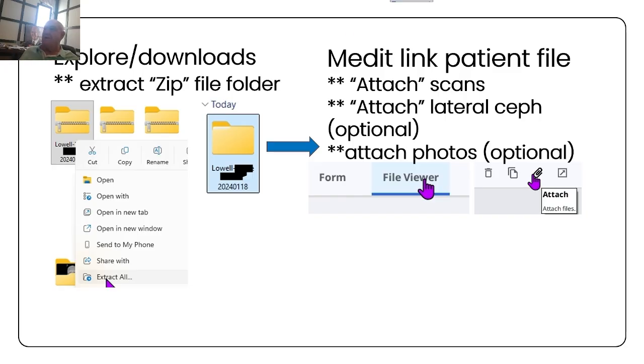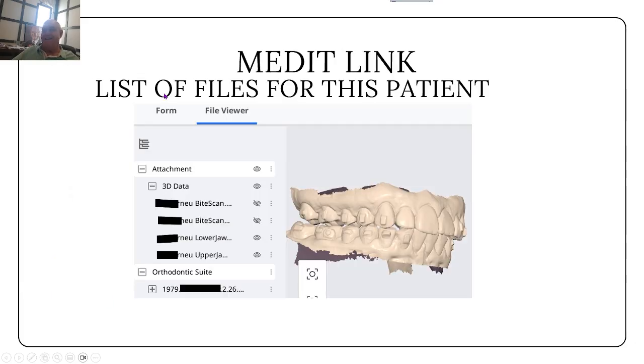So you have a Medit Link patient file that you've created. You attach the scans, maybe the lateral ceph, maybe photos, and then you're in business. The Medit Link list of files for this patient is listed on the left-hand side in Medit Link. You'll see here we have a bite scan and a lower jaw and upper jaw.